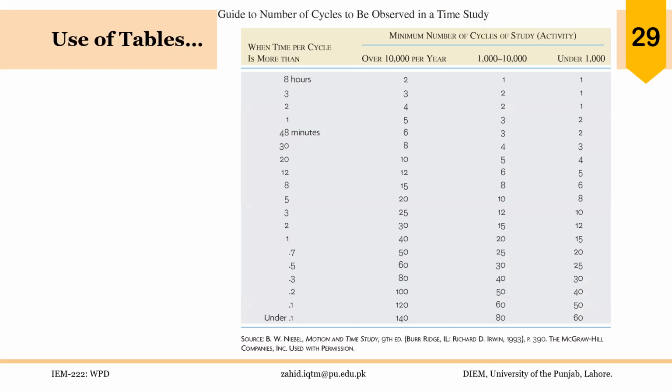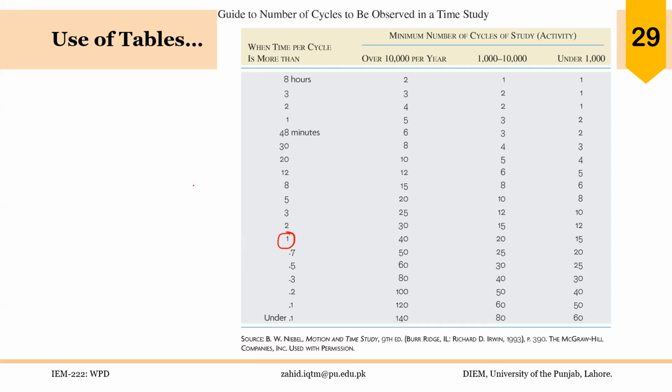First you have to take an initial sample, in this case as well, and see the average cycle time. For example, if the average cycle time is around 1 minute, from the first column, say the cycle time is 1 minute.